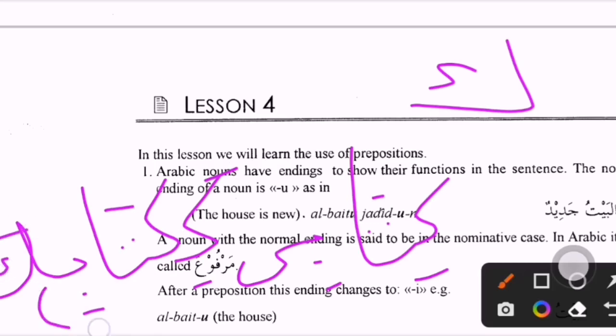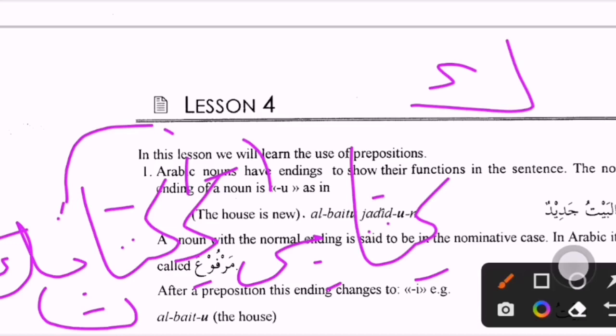When you look at the ba here, it takes kasra. Basically we have Kitabu, right? But the kaf here has affected the basic haraka on the ba, changing it to kasra. So my book is like your book.